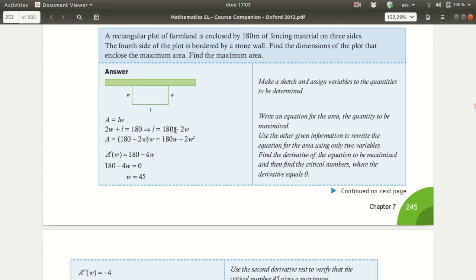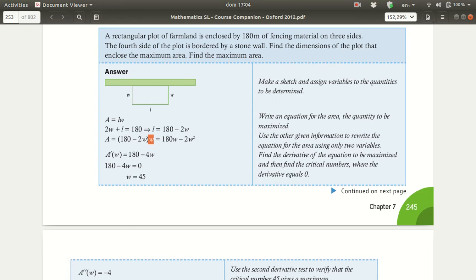We can now replace that in our original equation for area, which is the function that we were trying to maximize. So we can replace L with 180 minus 2W. So the area is going to be given by 180 minus 2W, which is L, multiplied by W. We can then simplify this expression a little bit by applying distribution, and we have that the area is 180W minus 2W squared.